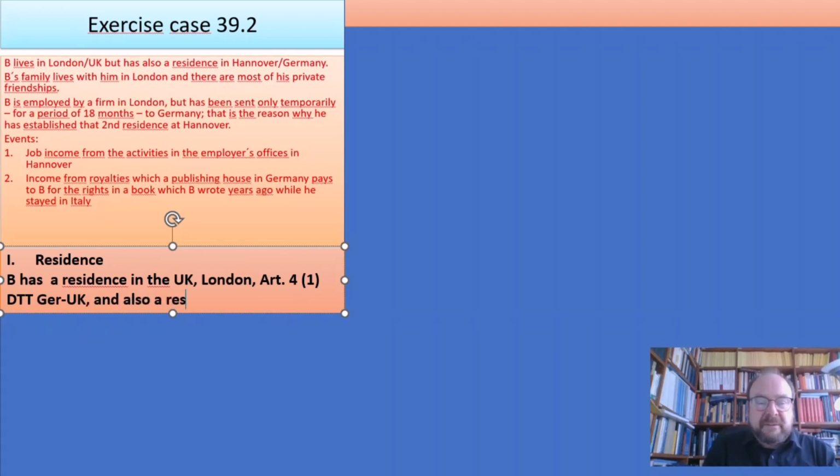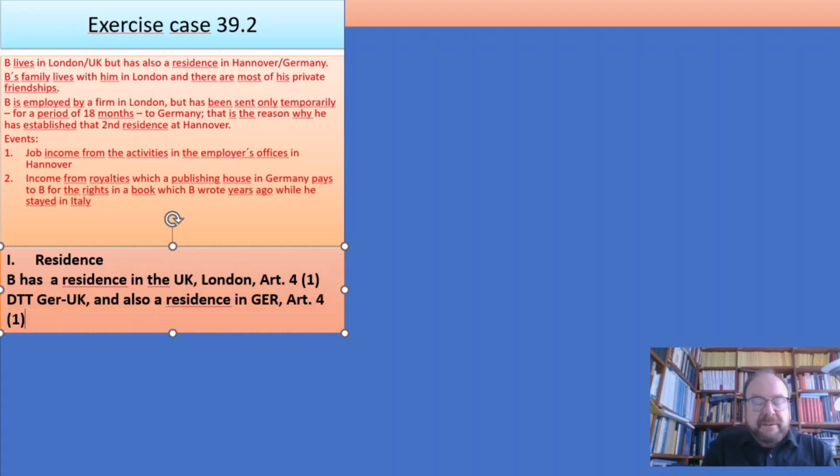And also a residence in Germany, because he is also subjected to unlimited tax liability in Germany, also under 4.1. So we have to check the tiebreaker rule, and for natural persons that should be 4.2, at least in the OECD model. However, we will have to check if that's also for paragraph 2 in the British treaty and what it says.